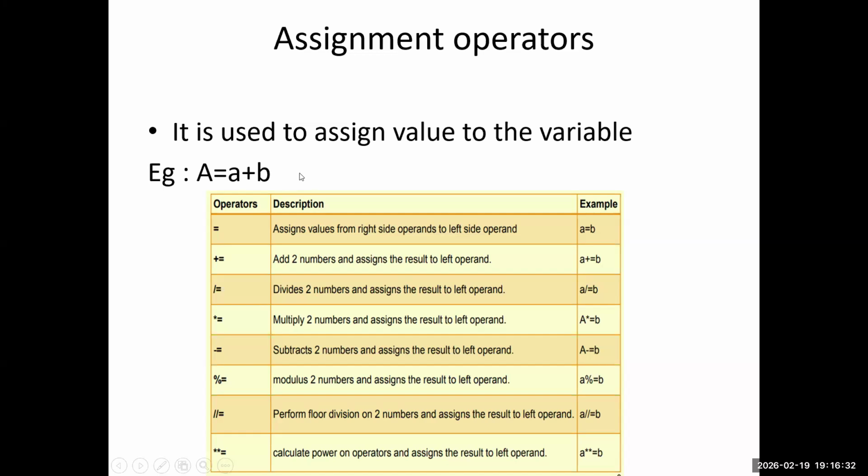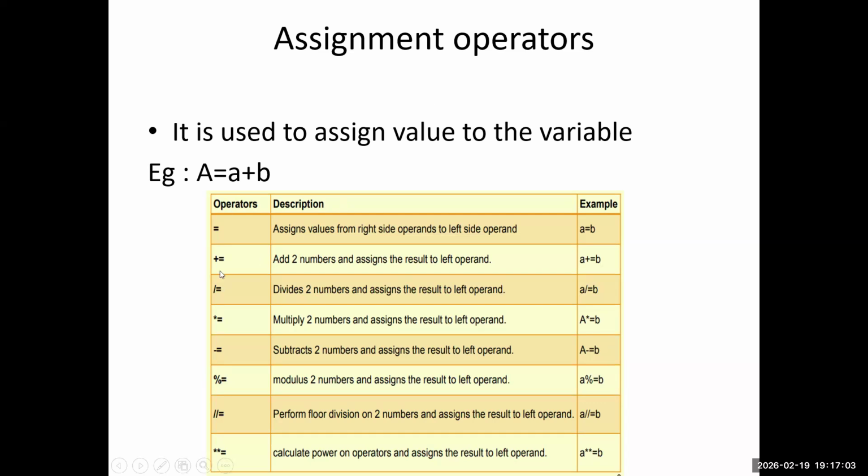That means you can assign a value, a variable, or an expression. Are you clear on this one? So the equal sign is the assignment operator which helps to assign a value, variable, or expression.